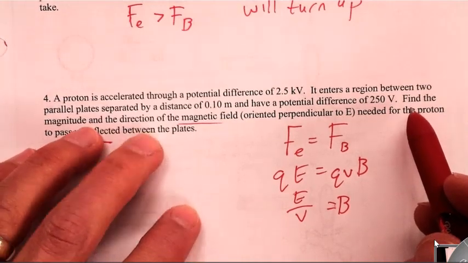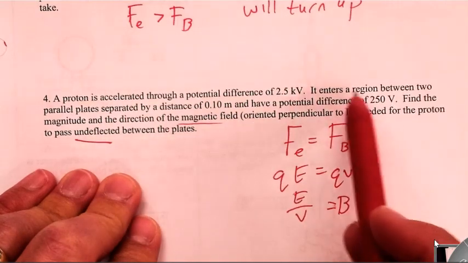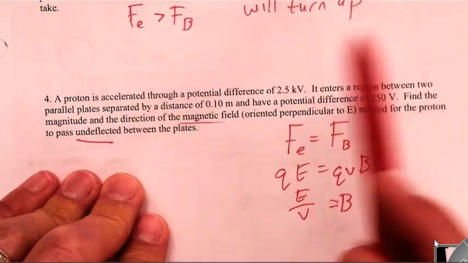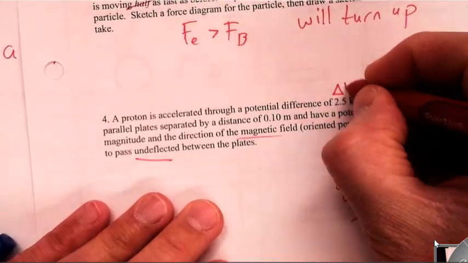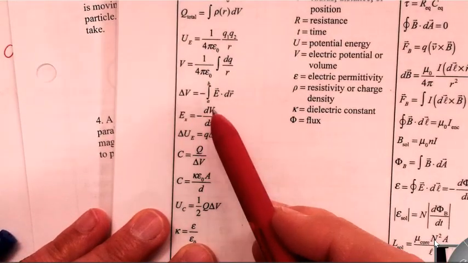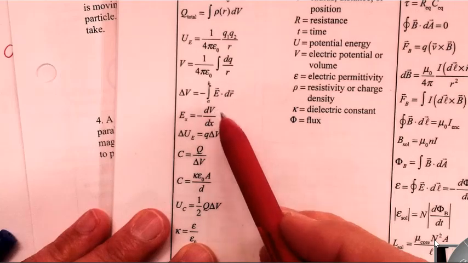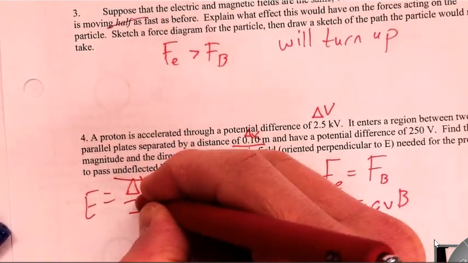Find the magnitude and direction of the magnetic field. Okay, proton. So first I need to find the electric field, and they're giving me a potential difference. They're giving me a distance, and electric field's really easy to find. So electric field is the change in potential divided by the change in distance.